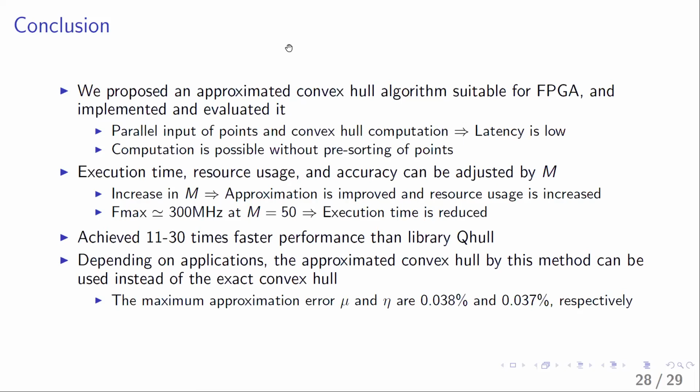Execution time, resource usage, and accuracy can be adjusted by M. In the evaluation, it was 11 to 30 times faster than the library Qhull. The maximum approximation errors, mu and eta, were close to 0 respectively. Thus, depending on applications, the approximated convex hull by this method can be used instead of the exact convex hull.